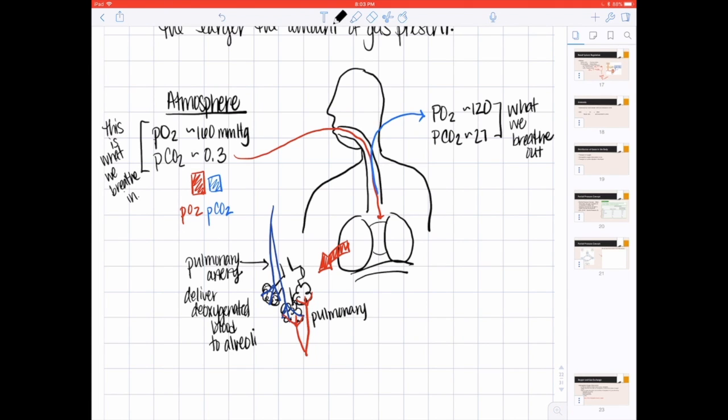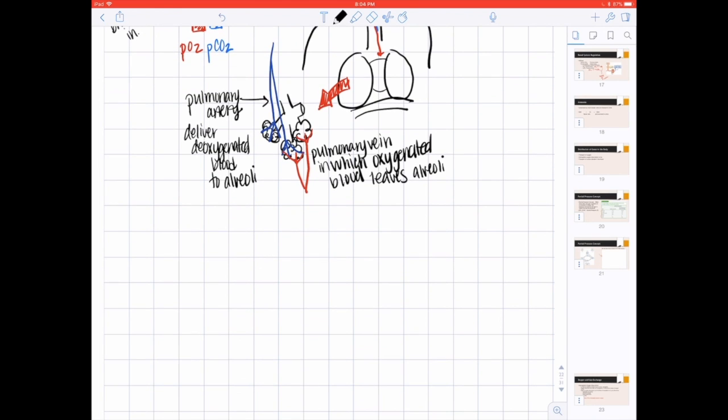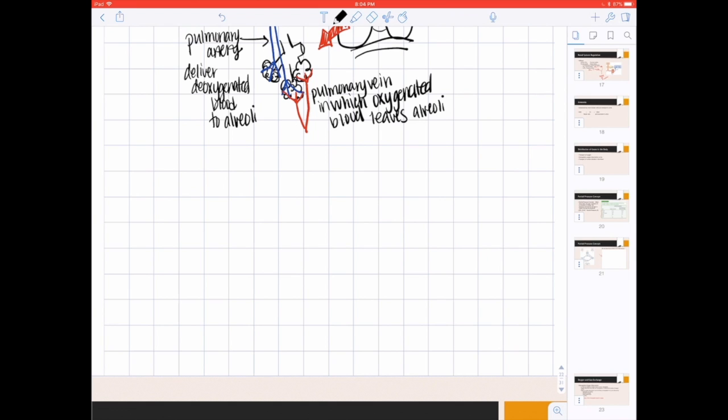This is the pulmonary vein in which oxygenated blood leaves the alveoli. Okay, so there's our zoomed in picture of the alveoli.